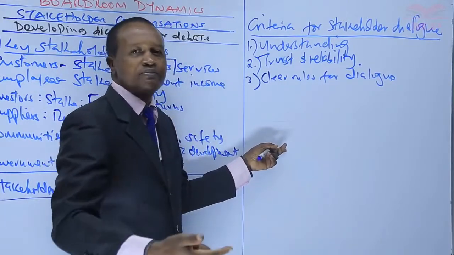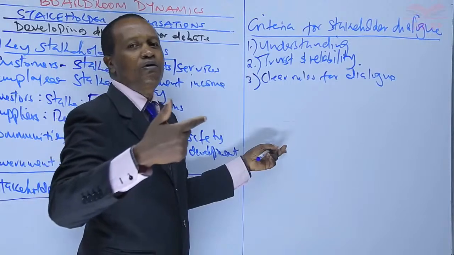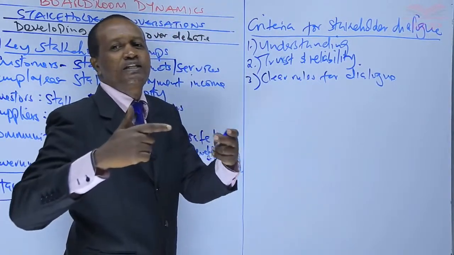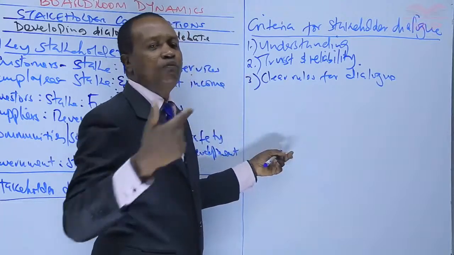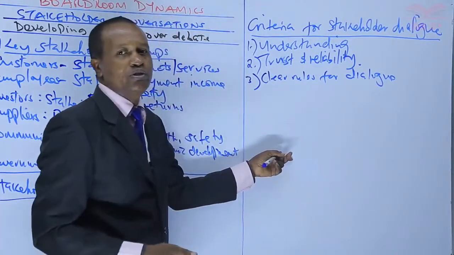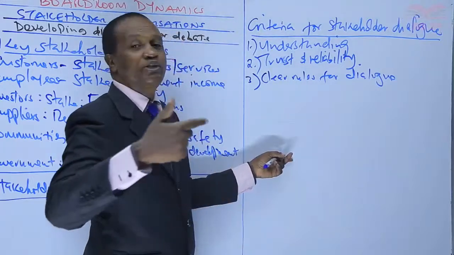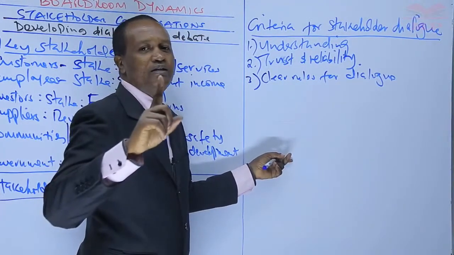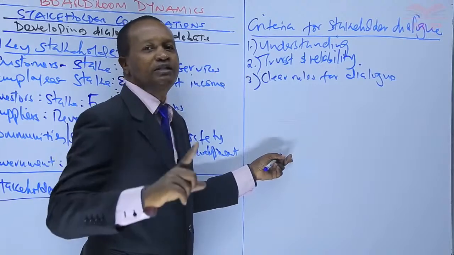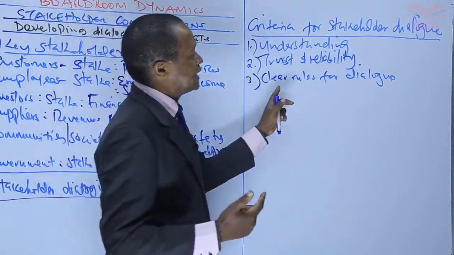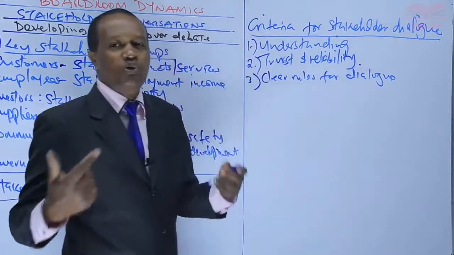So the chance of agreements being violated in particular increases as the balance of power between the parties becomes more unequal. So when entering into a dialogue, both parties effectively place restrictions upon themselves. It's important that there are clear rules for dialogue.